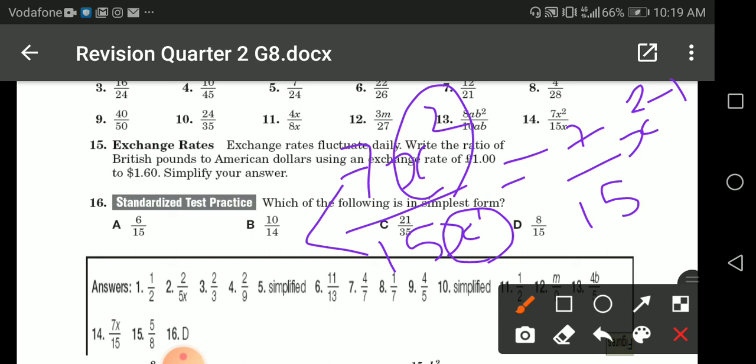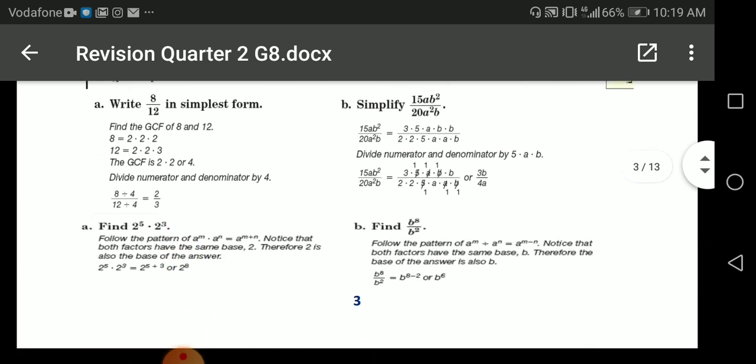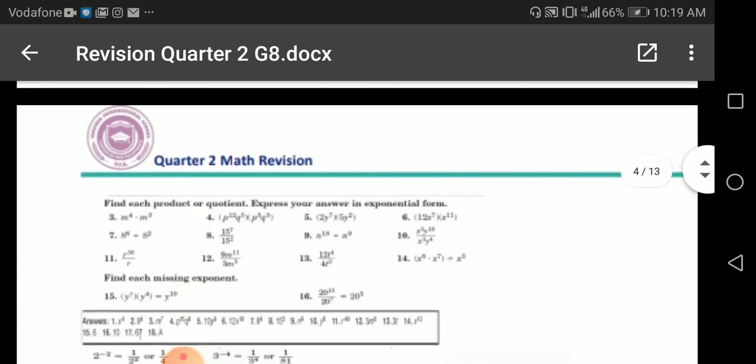When we divide the exponents, I will take x, the base, and subtract this one from 2. So 2 minus 1 gives me x power 1. It means x. Okay, easy. This is the same idea.